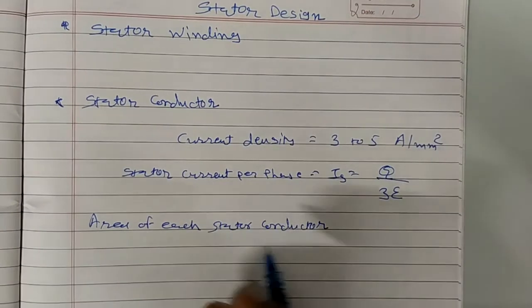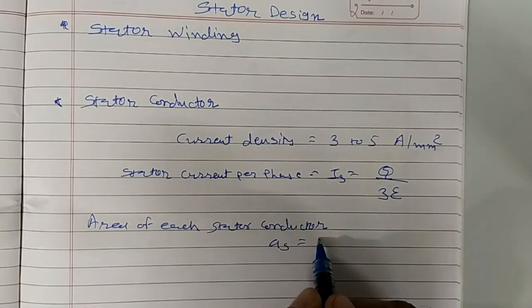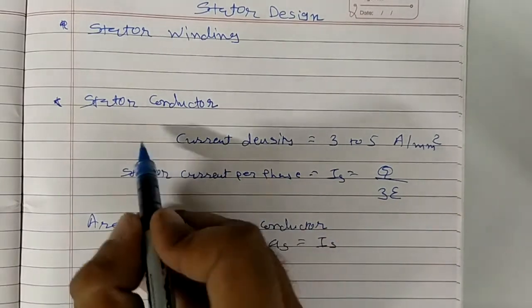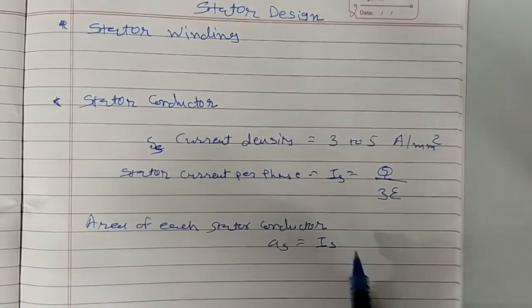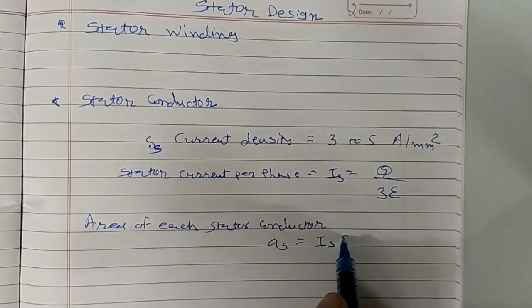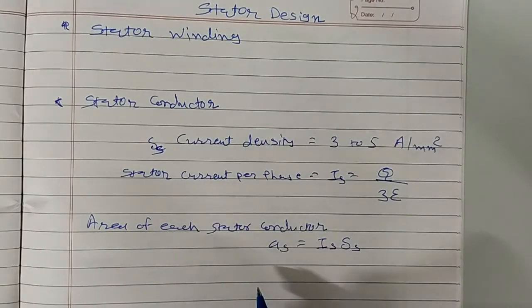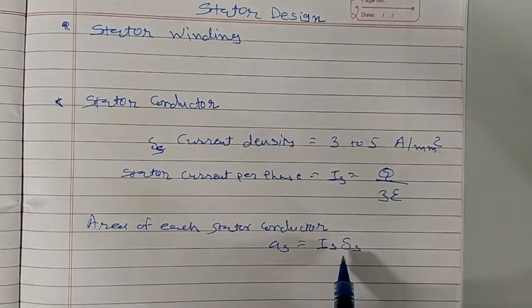So from that same equation we can say that the area will be the value of current divided by the current density. Let us say this current density I denote as delta S. So IS divided by delta S will be the area. This will give you the area of each conductor, where delta S is the current density in the stator conductor.